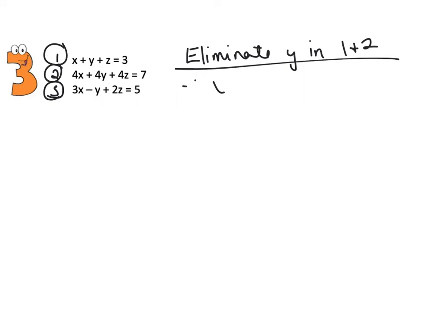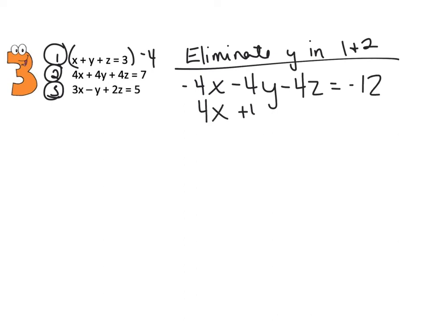So -4x on the top one, minus 4y, minus 4z equals -12. Recopy the second one, 4x plus 4y, what am I doing? I'm not changing anything, plus 4z equals 7. Now I stack and add.